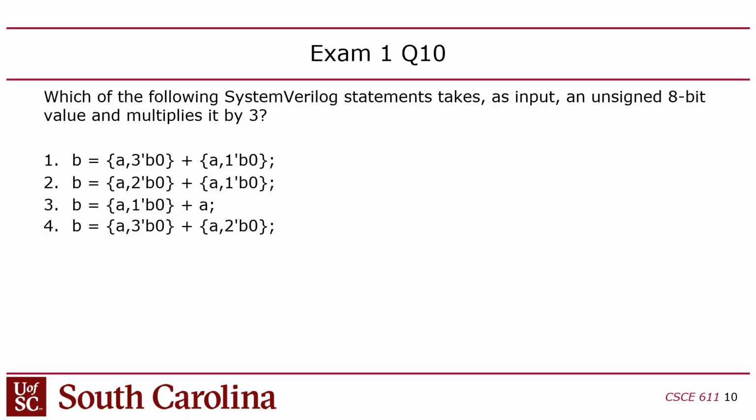So you shift it by 1 bit, and you shift it by 0 bits, and you add those two things together, and it will have been multiplied by 3, right? So that's number 3 here. B equals A with an extra 0 concatenated to the right-hand side. So that's shifted left by 1 bit, and then we add the original value of A.